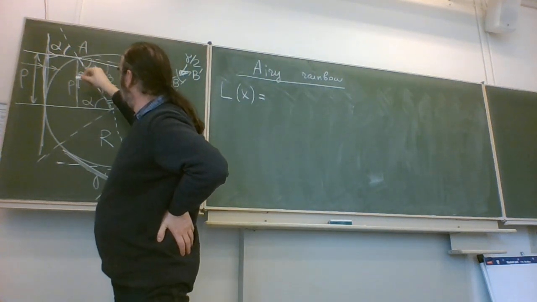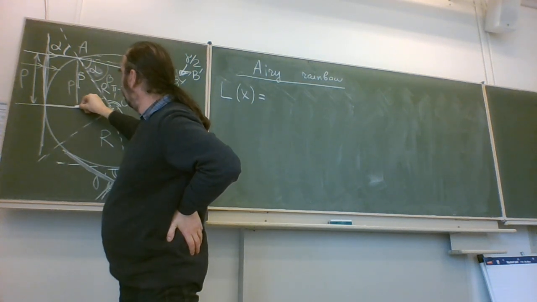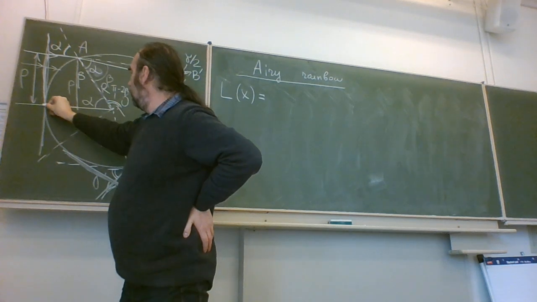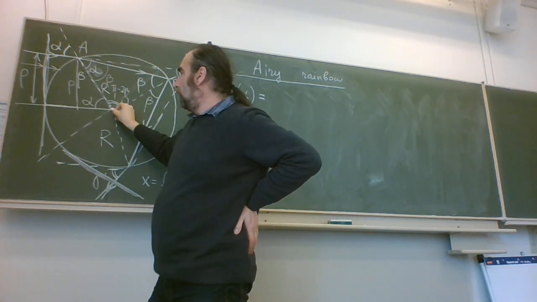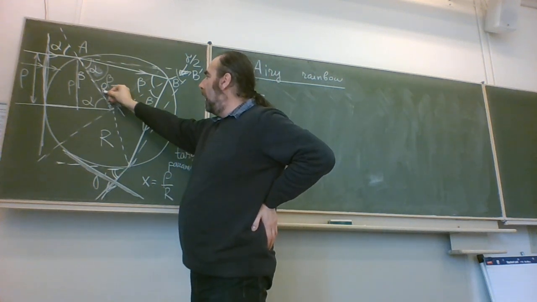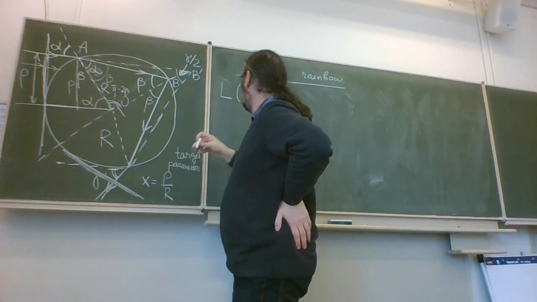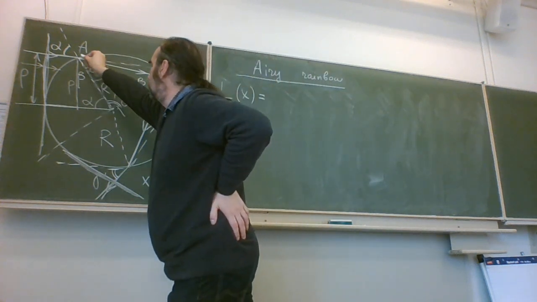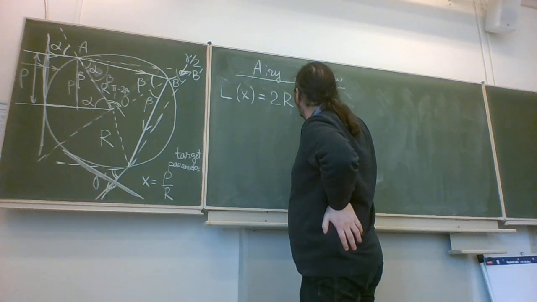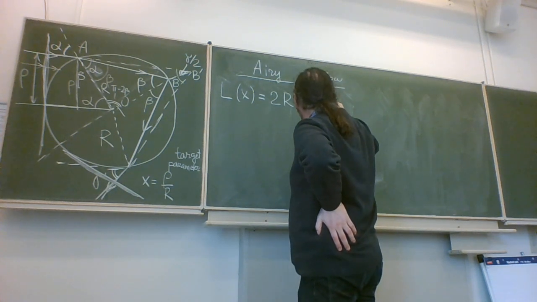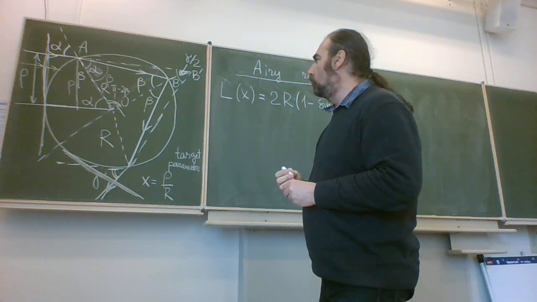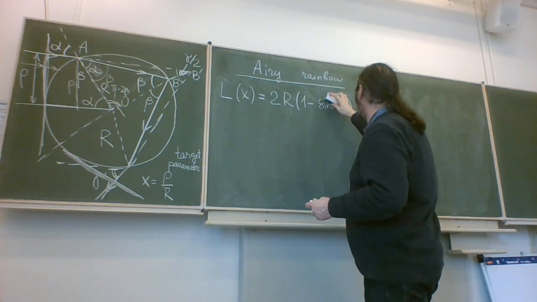This is the same as that, and this is the radius of the sphere minus this, and this is r cosine alpha. So what I get for this first part is 2r times (1 minus cosine alpha). Sorry, it's not sine, it's cosine. I'm sorry.